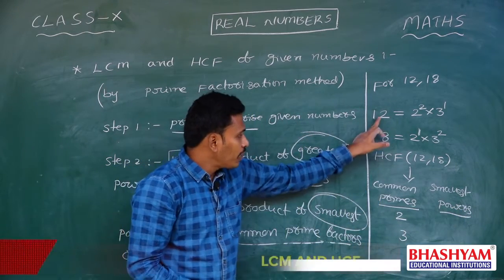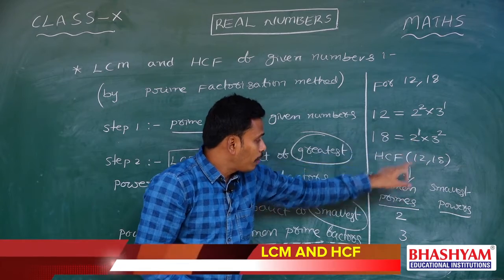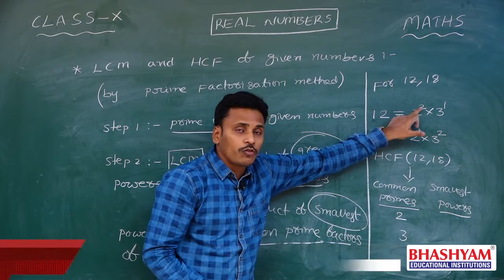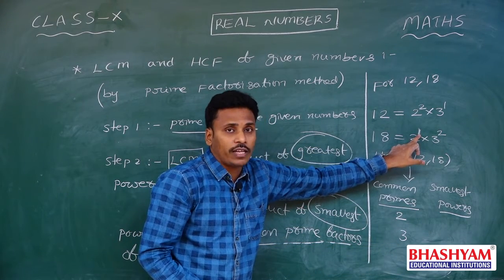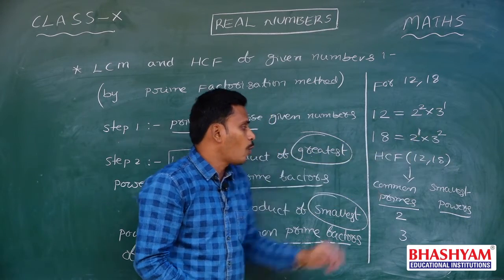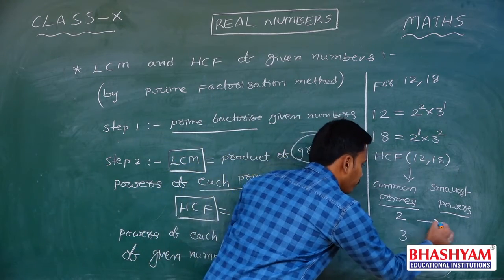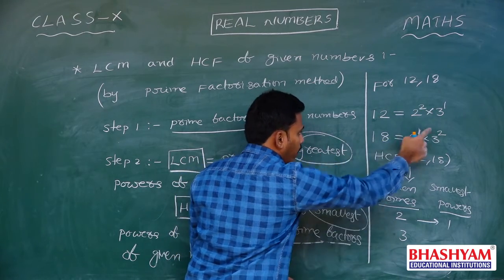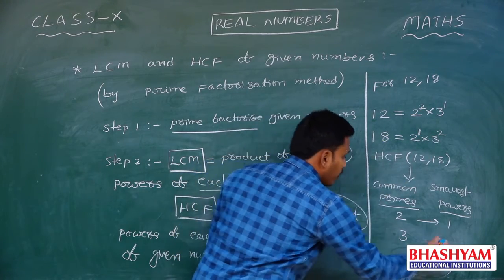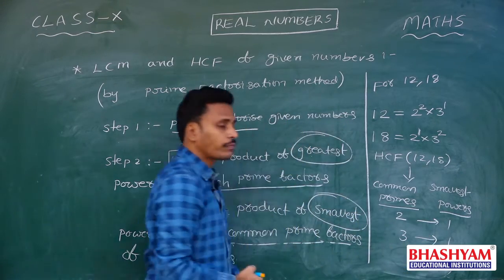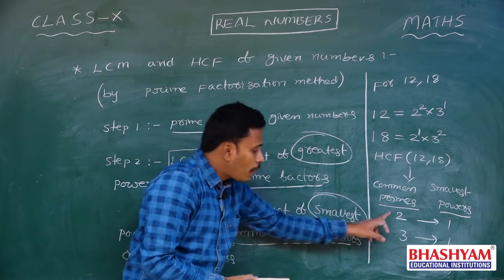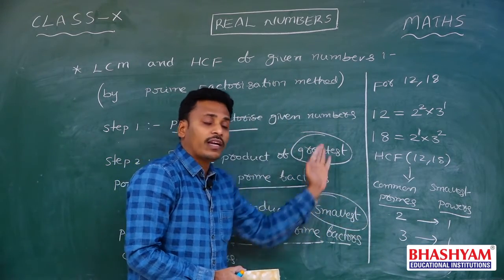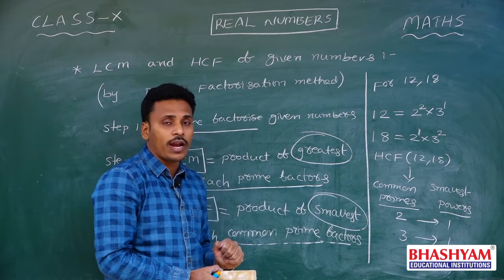For the common prime 2, its power is 2 for 12 and 1 for 18. Among these powers 2 and 1, the smallest power is 1. And coming to 3, power 1 for the first number, power 2 for the second number, the smallest power is 1 again. Now the common primes are 2 and 3, and their corresponding smallest powers are 1 and 1.